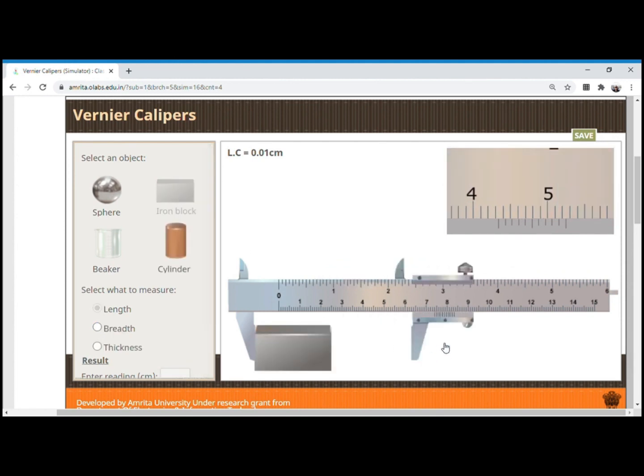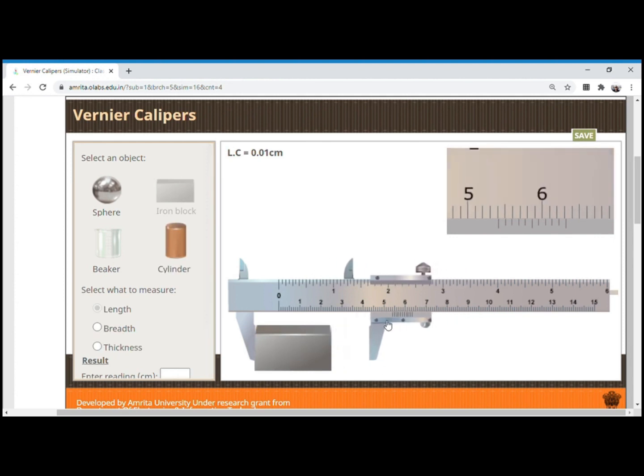Now, how to read the result of measurement by using vernier? Now start from the length of the block. We move the movable part. First, we consider the zero of the nonius scale. The zero of the nonius scale shows 3 cm. The nonius scale will zoom at the right side.